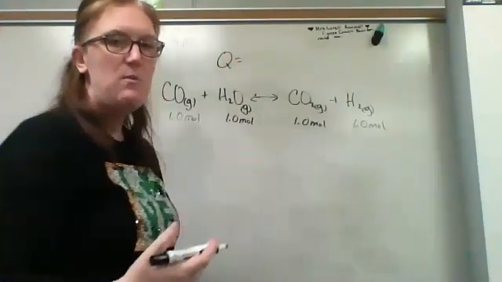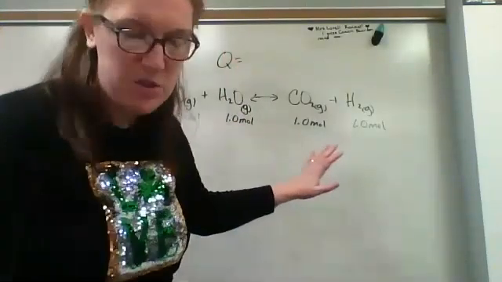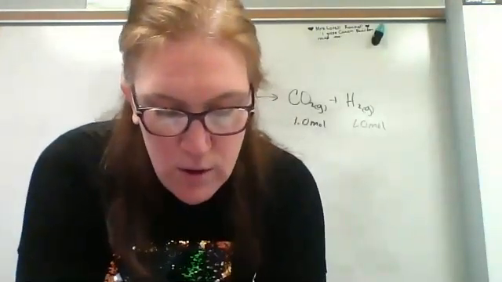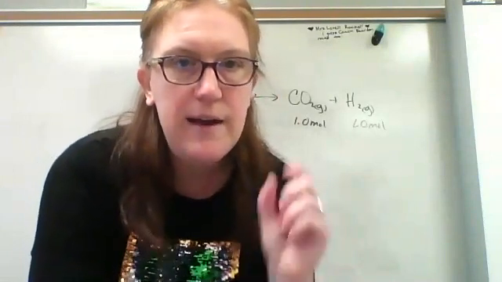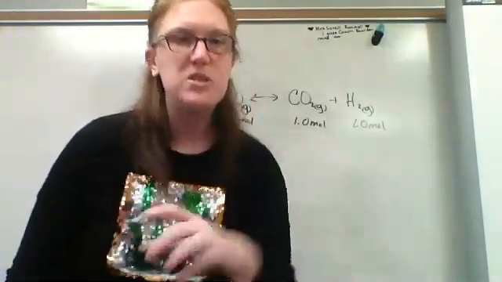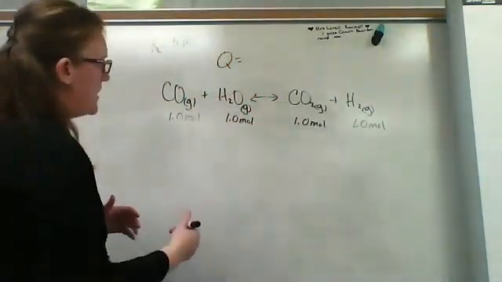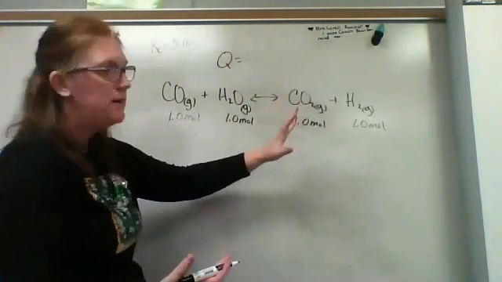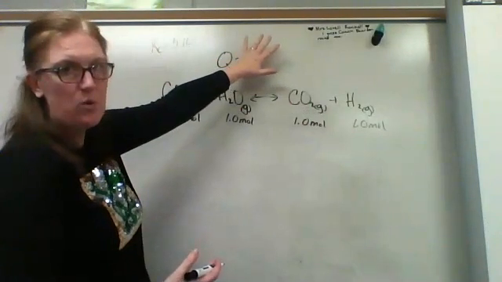So you're going to do this the same way. You're just going to take all the concentrations, and they tell you that it's 1 mole per 1 liter. Guys, 1 mole per 1 liter just means it's a 1 molar concentration. So all of these concentrations are just 1. I'm going to set up my reaction quotient.